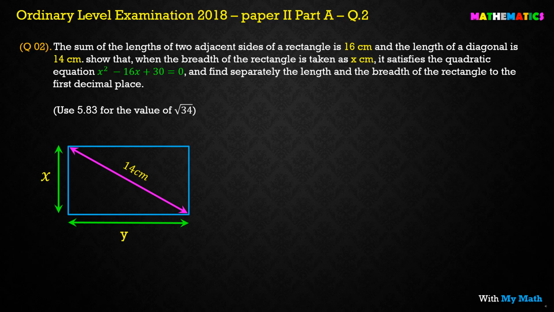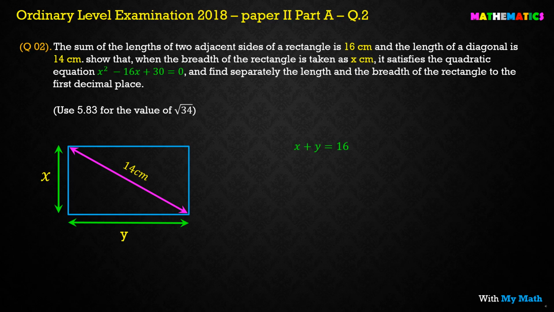Then we can use the first row of the question to prepare an equation. It says two adjacent sides of the rectangle is equal to 16 centimeters. Two adjacent sides means x plus y. Then we can easily say x plus y equals 16.